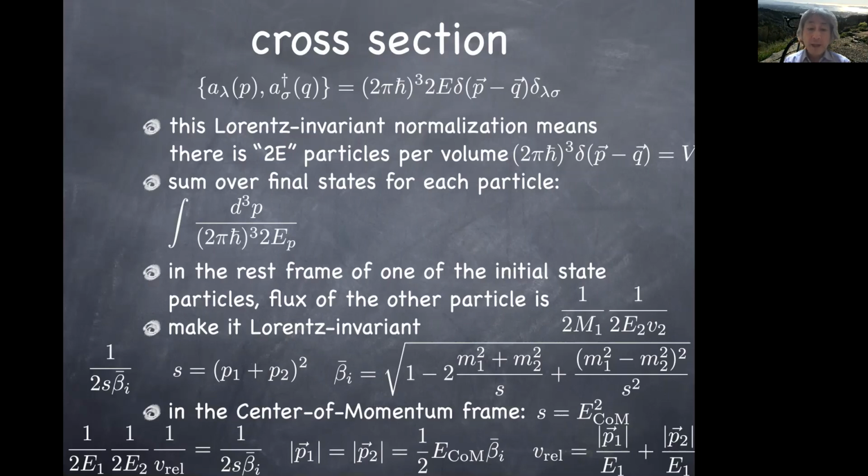So the expression 1 over 2s beta bar I, which is probably not familiar to you, maybe the first time you have seen it, is useful to remember because it is true in whatever reference frame you are in, whether you are in a lab frame where one of the particles is at rest, or in the center of momentum frame where you have the head-on collision in the middle. Either way, this expression of 1 over 2s beta bar I is true, and then you can write down the expression for the cross-section right away.